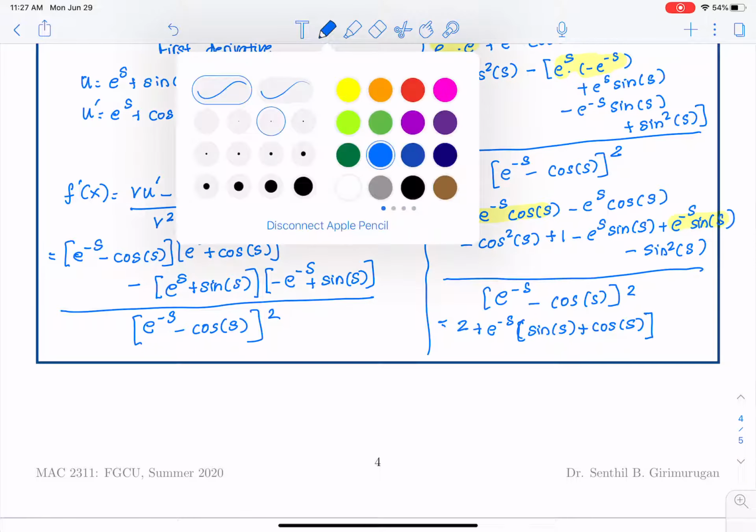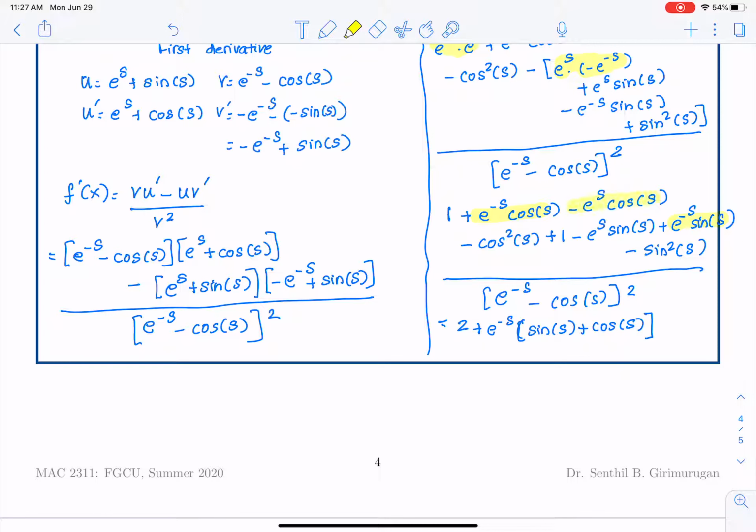I have a term with negative e raised s times sine s. Those two have e raised s in common. So if I pull negative e raised s out, I have sine s plus cosine s.